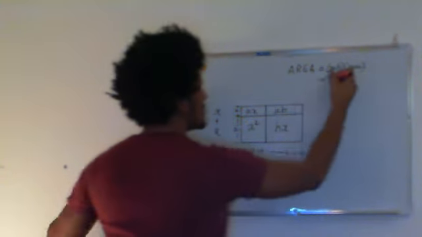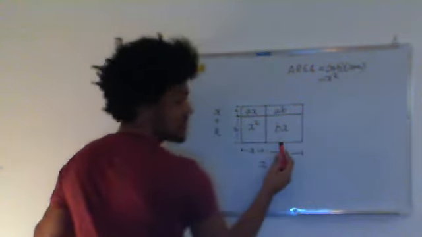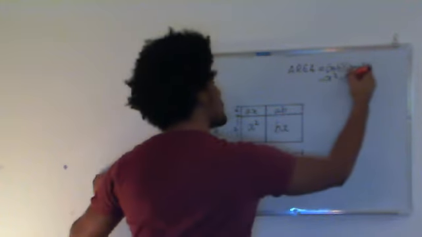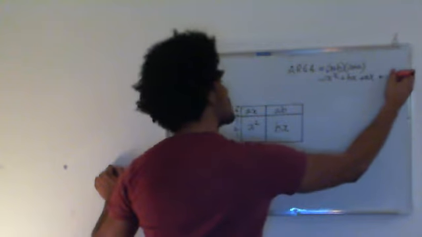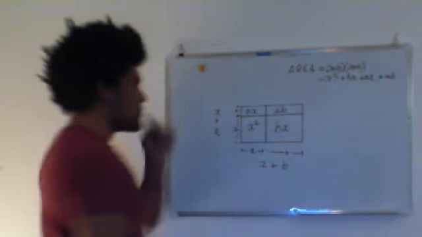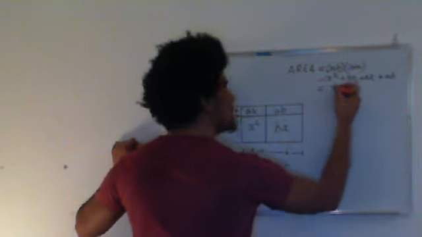x squared plus bx plus ax plus ab, which is what we had earlier if you combine these two terms again.